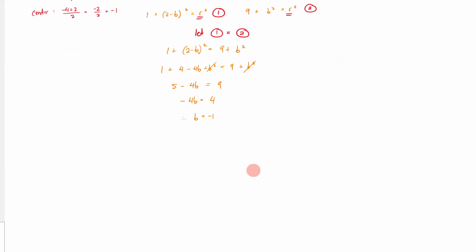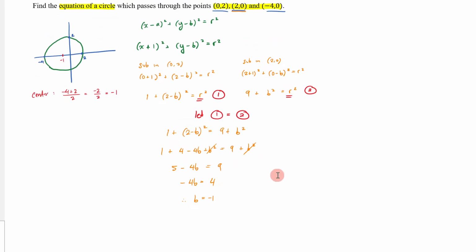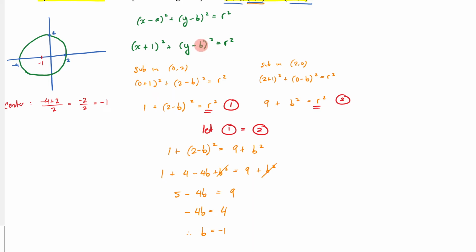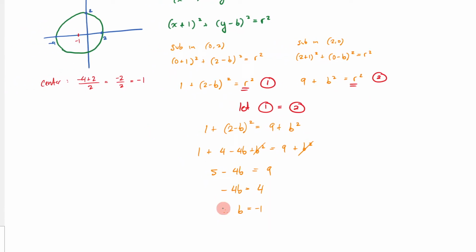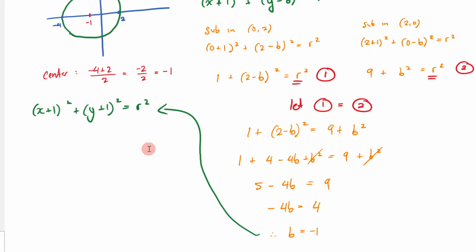So that means this b here is -1. I'm going to end up with (x + 1) squared plus (y + 1), because when I put a negative into that, a negative makes a positive. And now I need to figure out what r squared is. I'm nearly done. To figure out r squared, I can just sub in another point again.